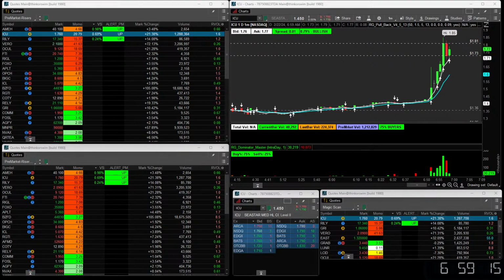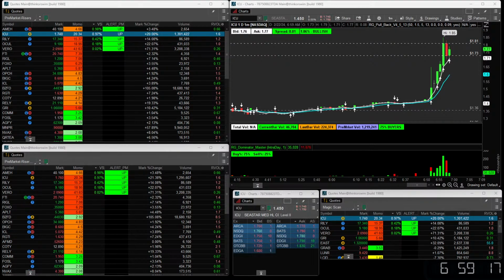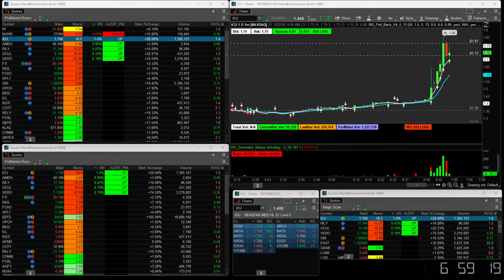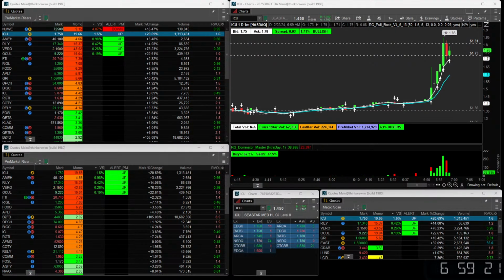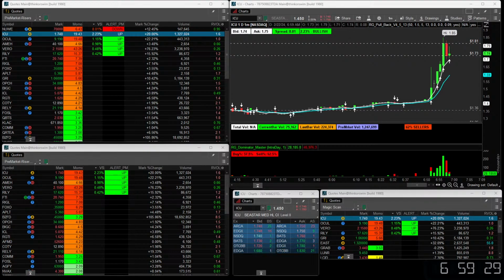Watching the Dominator bars. The buyers are coming in. But there's sellers right there with them. I saw some red in that bar. Will we get to bounce up or not?